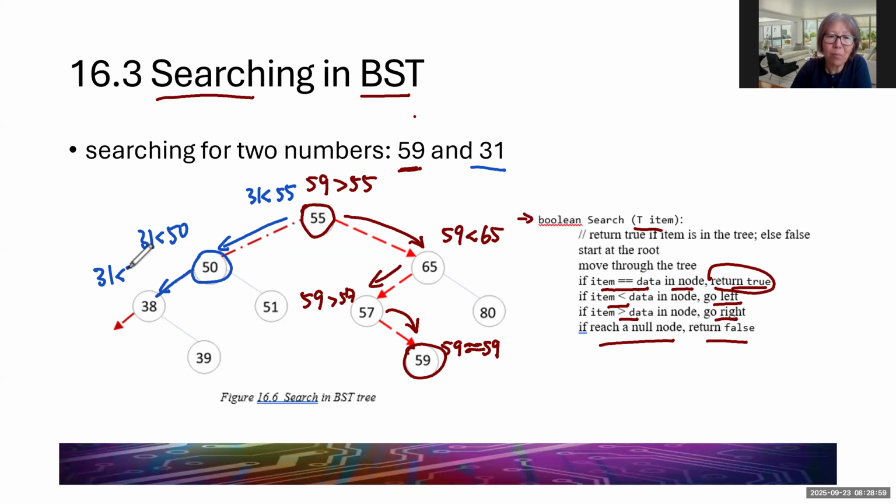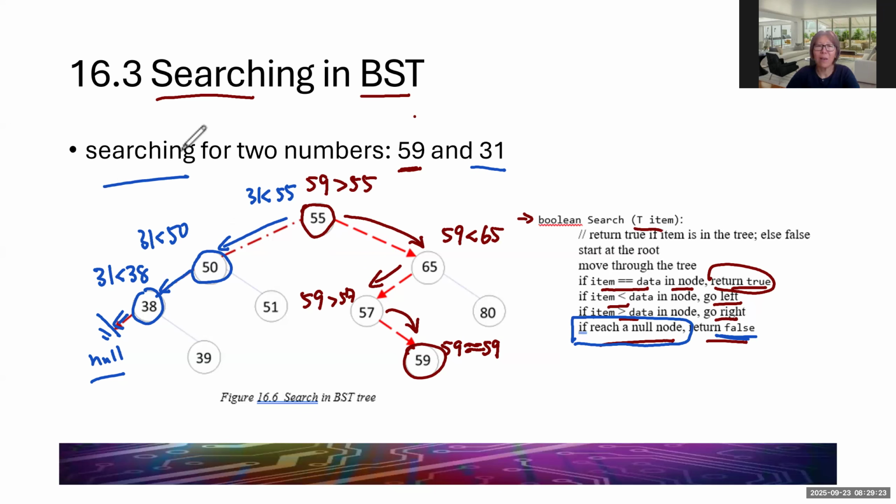You compare with 38, it's less than, so you go to its left. Its left is a null node. And here it says if you reach a null node, then return false. That means 31 does not exist in this binary search tree. So that's how we conduct a search.